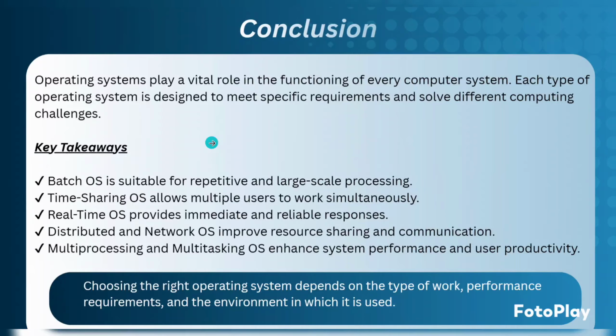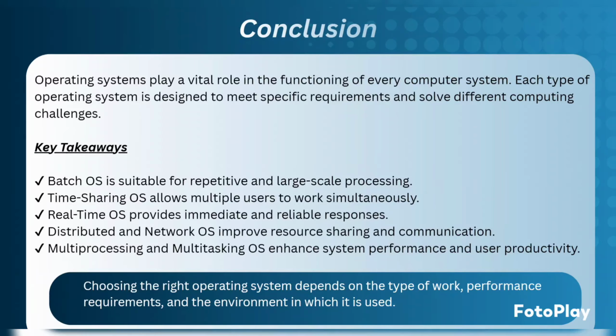So, let's summarize what we have learned today. Operating systems play a vital role in the functioning of every computer system. Each type of operating system is designed to meet a specific requirement and solve different computing challenges. Key takeaways: batch OS is used in repetitive and large-scale processing. Time sharing allows multiple users to work simultaneously.